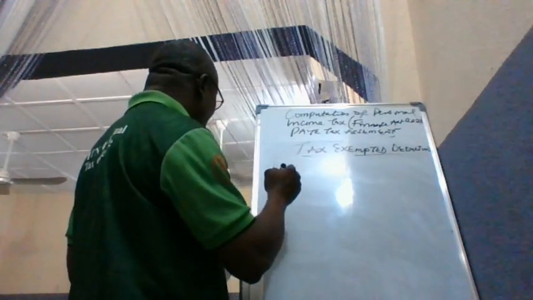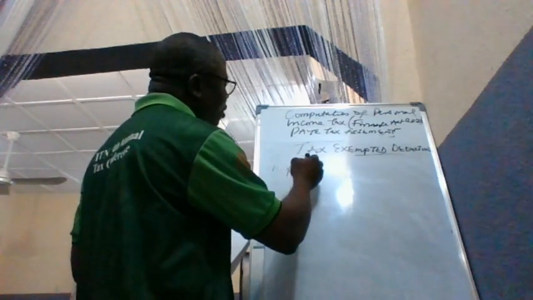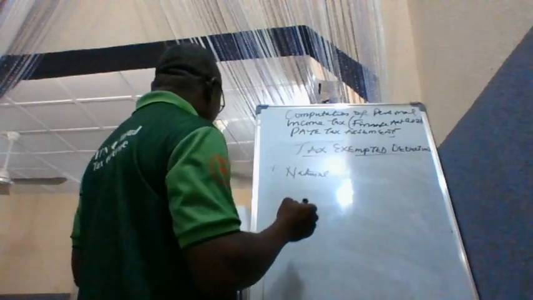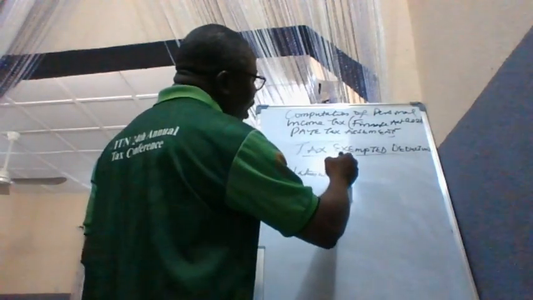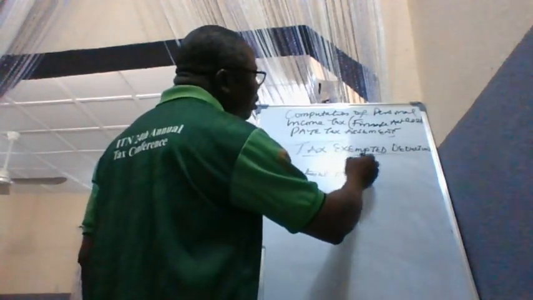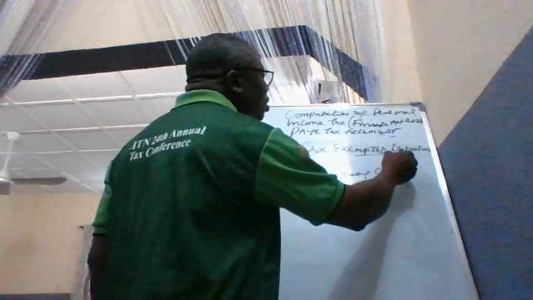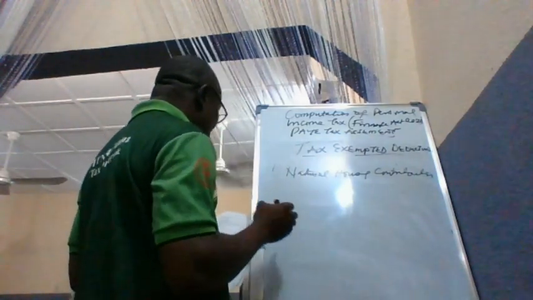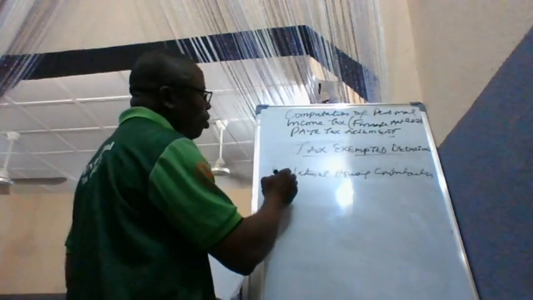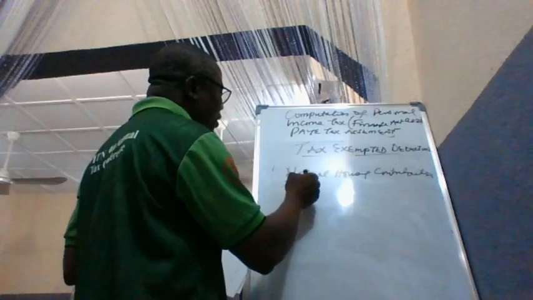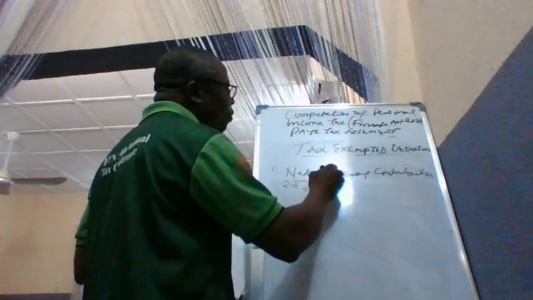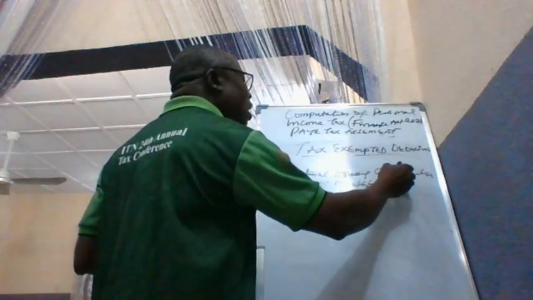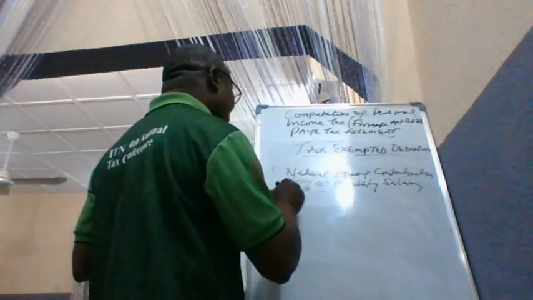Number one is the National Housing Contribution, and this is done at 2.5% of the monthly salary of the staff.